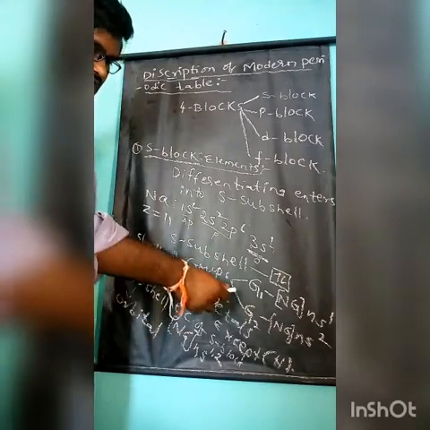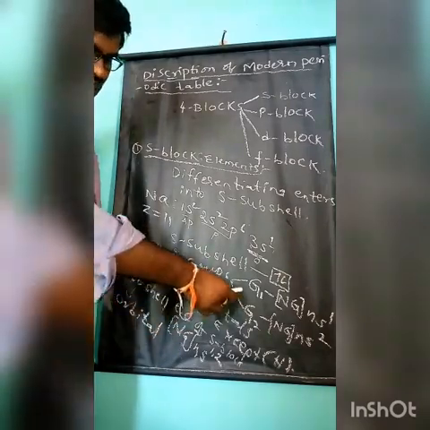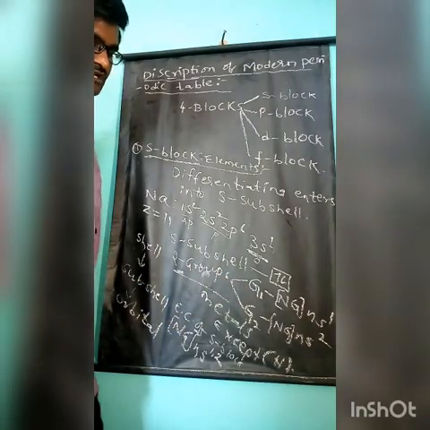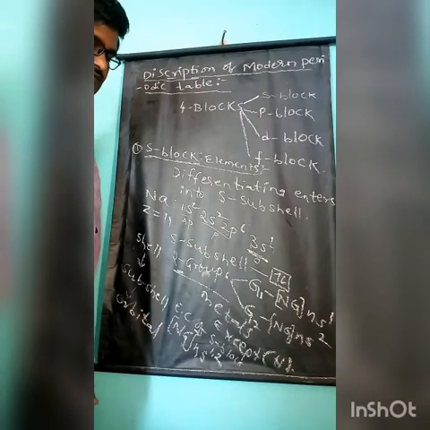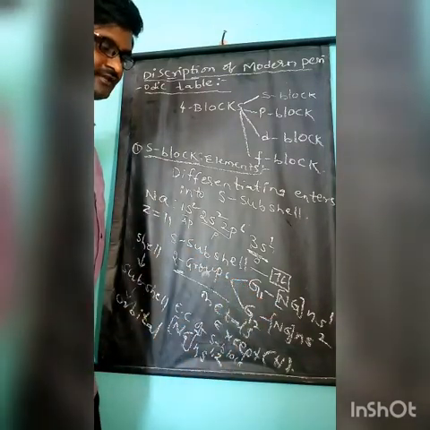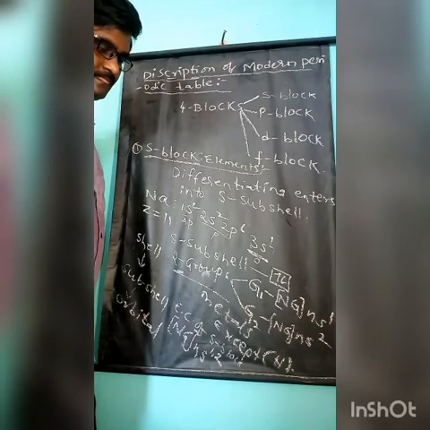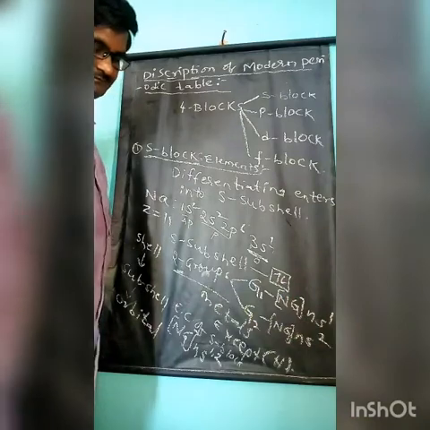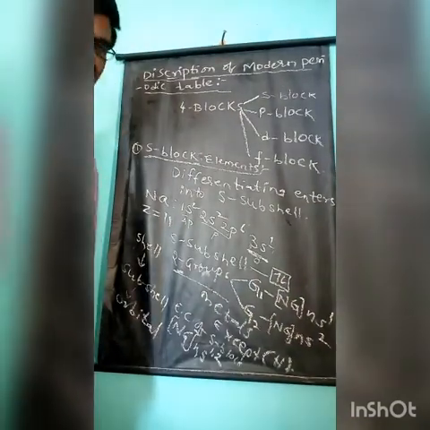Next point. Group 1 general electronic configuration is noble gas ns1. Next point.